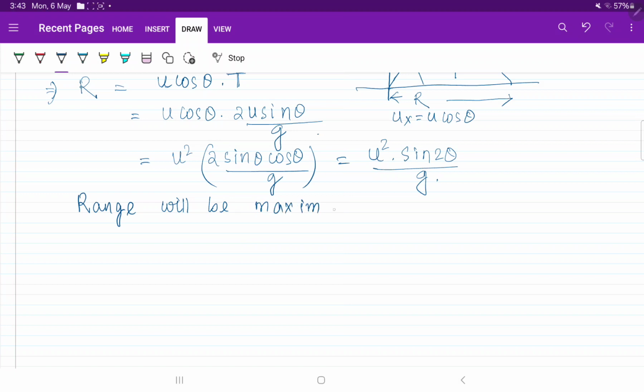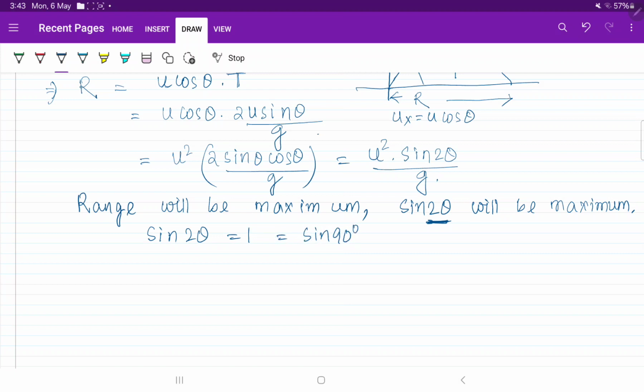So the range will be maximum when sin 2 theta is maximum. Here 2 theta is the expression, not theta. So sin 2 theta's maximum value is 1, so this is equal to sin 90.